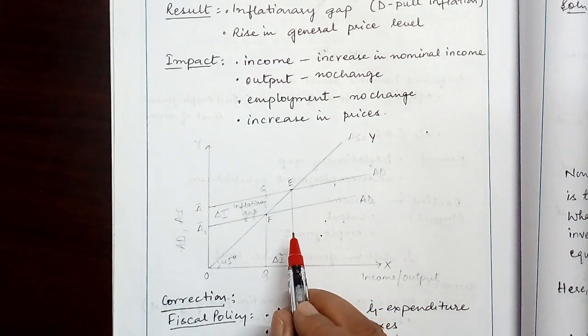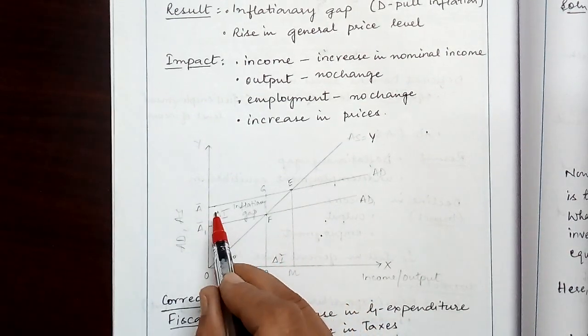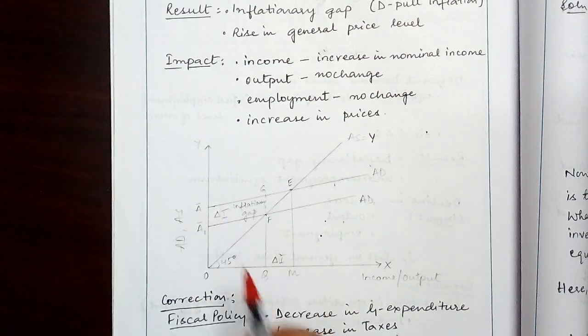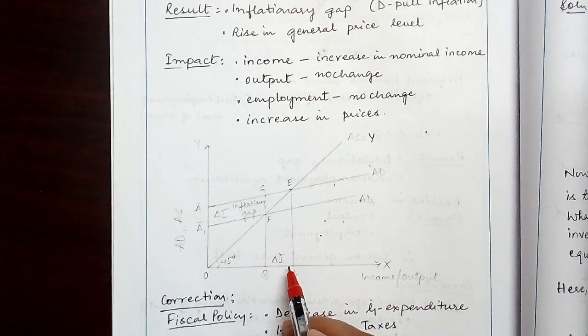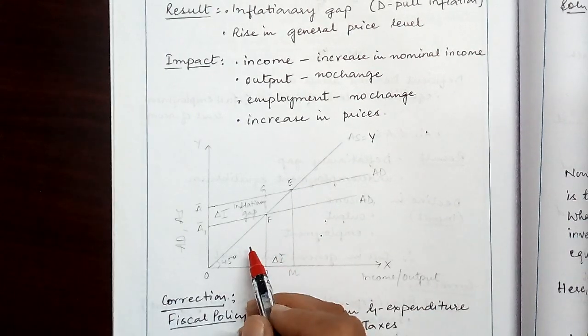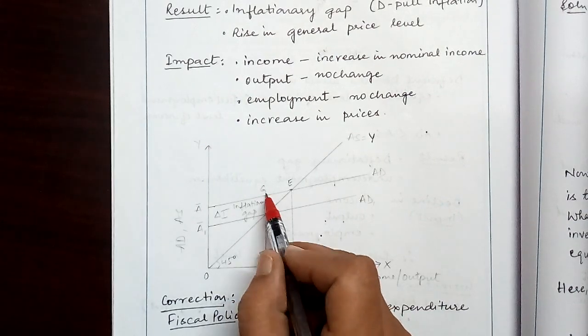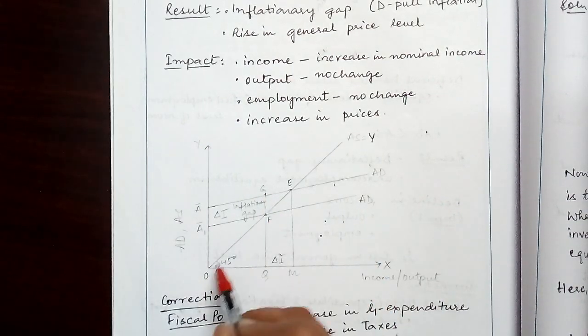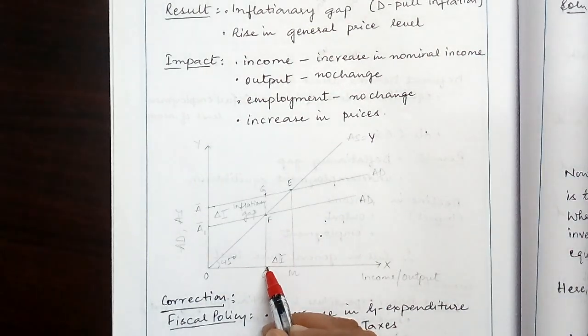Now, when the income of people increases, it could be due to change in investment, the income would rise. Now, when the income rises, the aggregate demand also rises. By how much? By this FG. Now, FQ is the equilibrium level of employment, income and output.